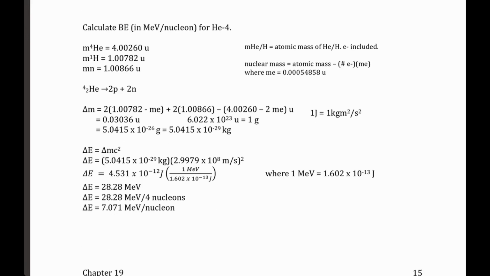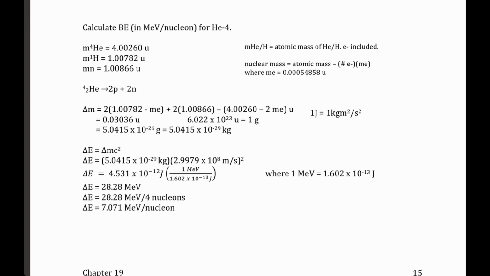So what we're going to do is calculate the binding energy for helium-4. That is, what amount of energy would it take to break helium into its 2 protons and its 2 neutrons. We're going to convert from units of energy ultimately to get the energy in units of MeV, mega electron volts per nucleon.